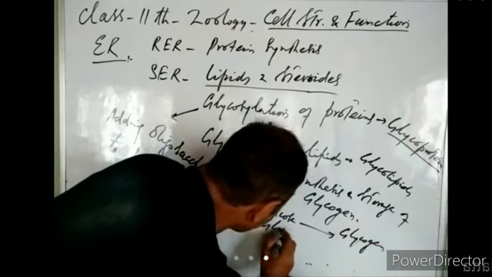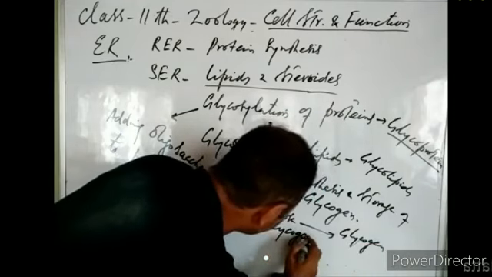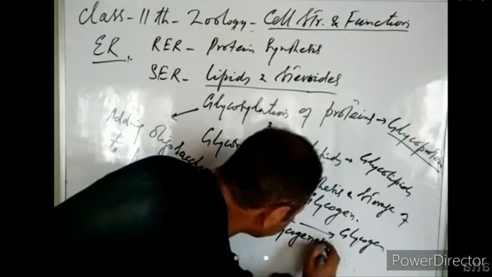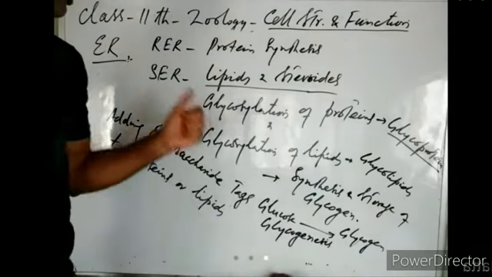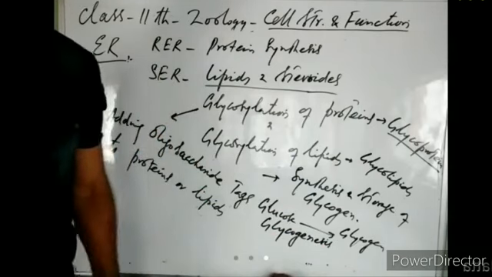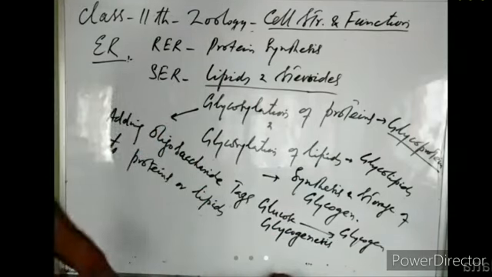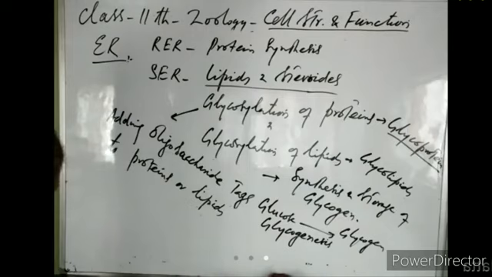This is known as glycogenesis. This glycogenesis occurs in the lumina of smooth endoplasmic reticulum, right? So this is another function of smooth endoplasmic reticulum.